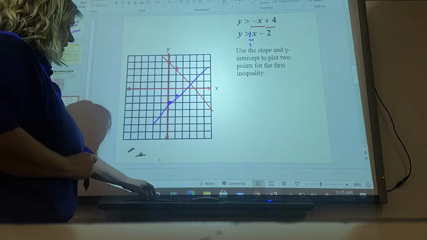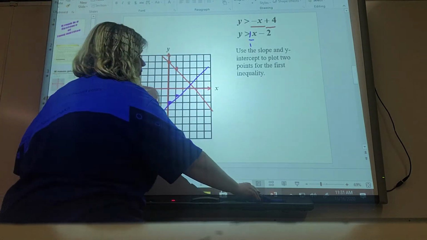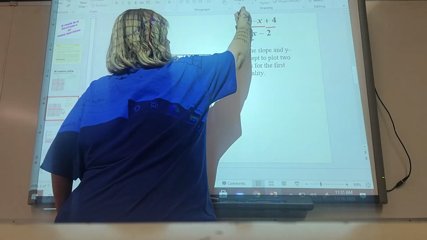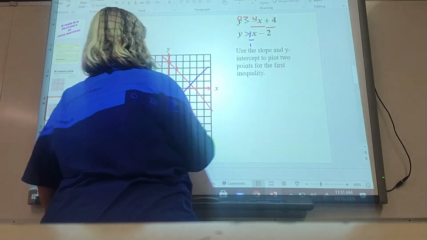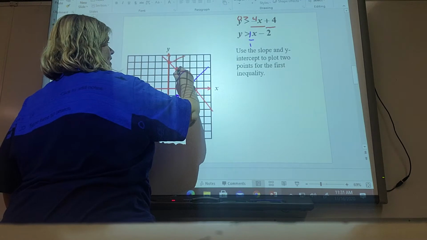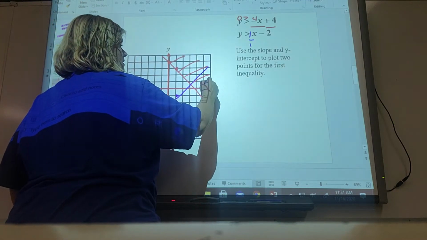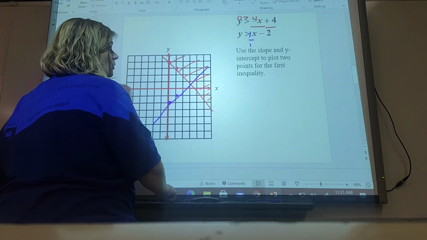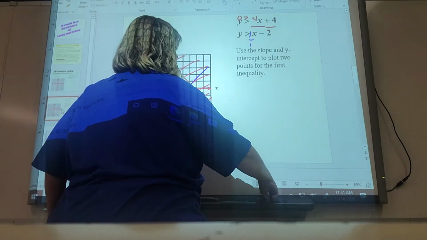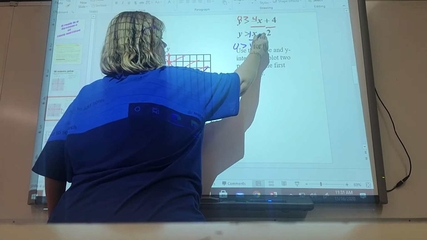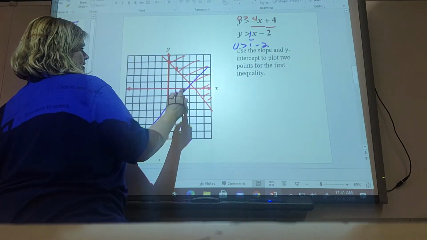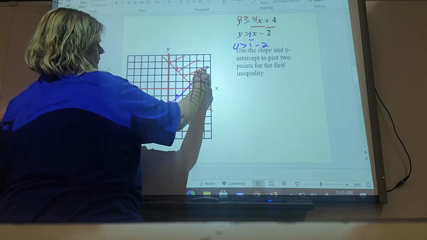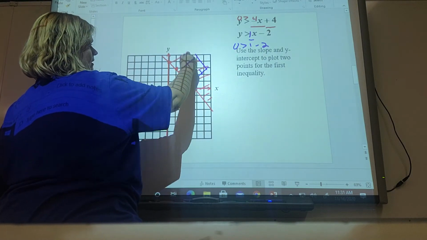Now to check the shading, on the red one, let's put in zeros. 0 is greater than 4. Not true. So we're not going to shade the 0 side. We're going to shade the other side. For the purple one, let's put in zeros. 0 is greater than -2. So it is the 0, 0 side, which is this side.